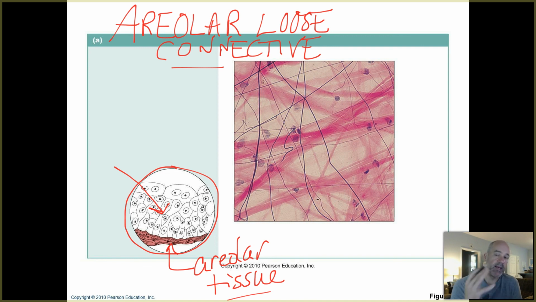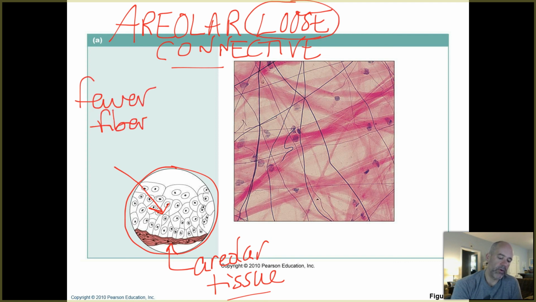All right, so we said dense connective tissues means the extracellular matrix, the spaces between the cells, is jam-packed full of protein fibers like collagen and elastin. In a loose connective tissue, you have fewer fibers. So you have fewer fibers, you have more ground substance in place of the fibers.